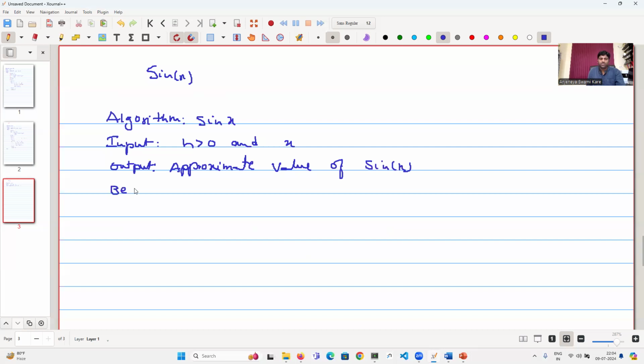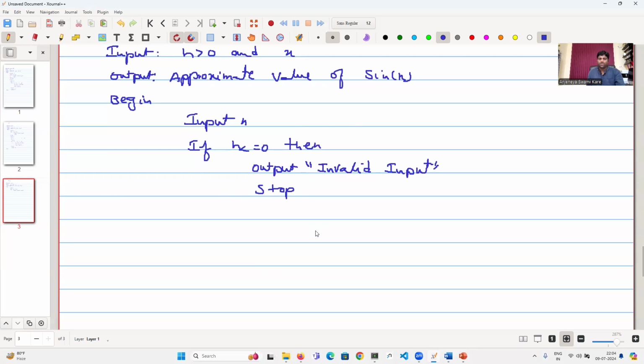Begin. Input n, input validation. If n is less than or equal to 0, then output invalid input and stop. Otherwise, input x.